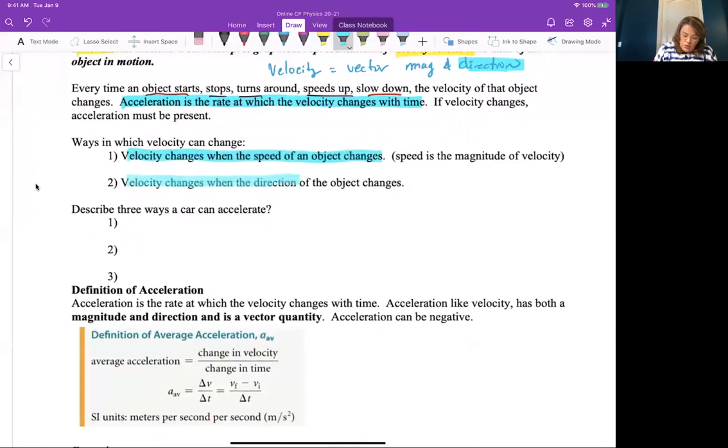Velocity changes when the direction of the object changes. So even if I'm going at 5 miles per hour and I make a turn, my direction changes. By definition, if velocity includes a magnitude and direction, the velocity is changing even though my speed is the same. That's kind of hard to think about, but maybe you've heard of this thing called centripetal acceleration. That's what's actually happening.